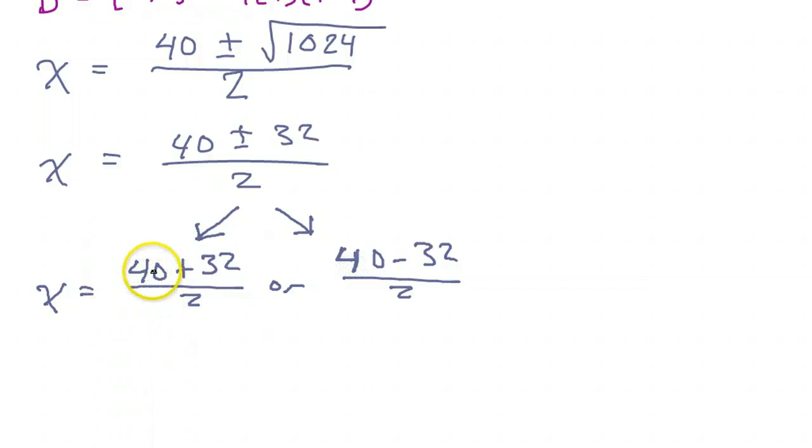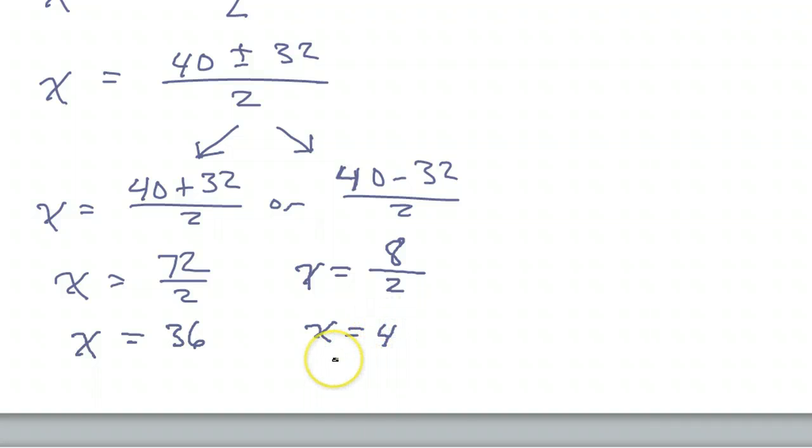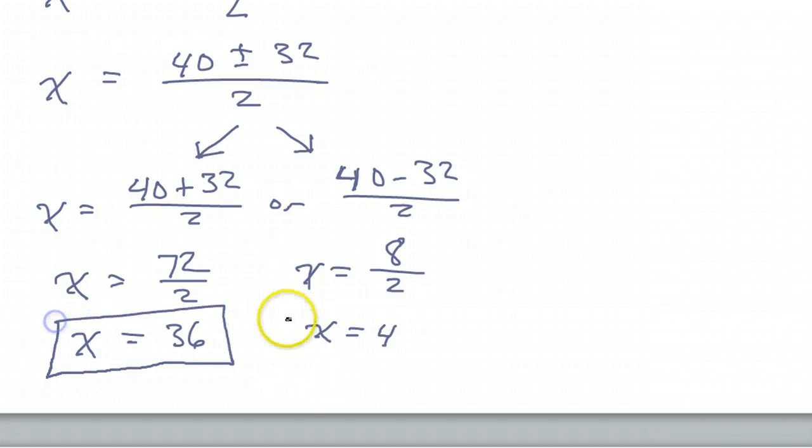Okay, so 40 plus 32, that's 72 over 2, and that is 36. 40 minus 32, that's 8 over 2. Okay, so that's x equals 4. Again, you should be able to do all of this using no more than a 4-function calculator.